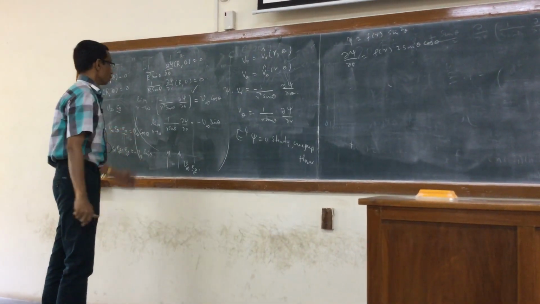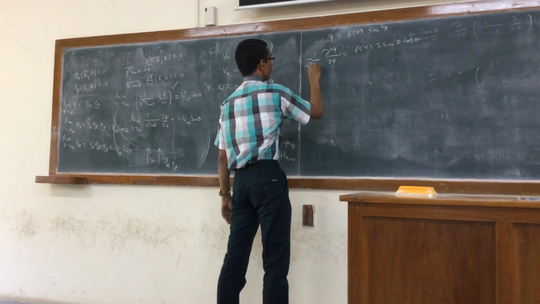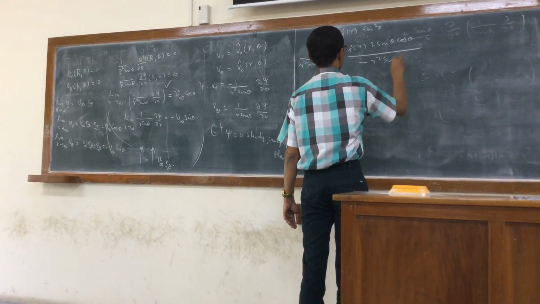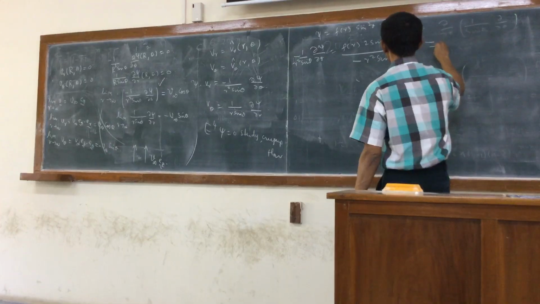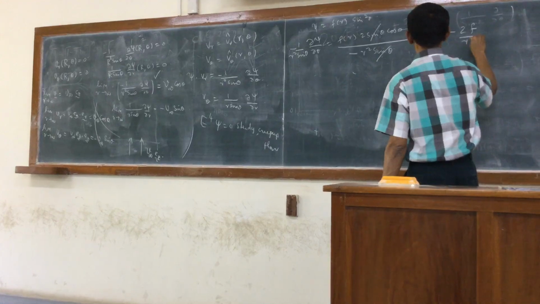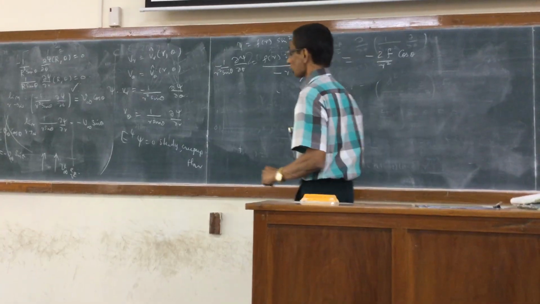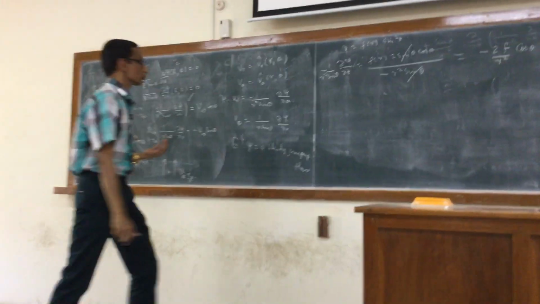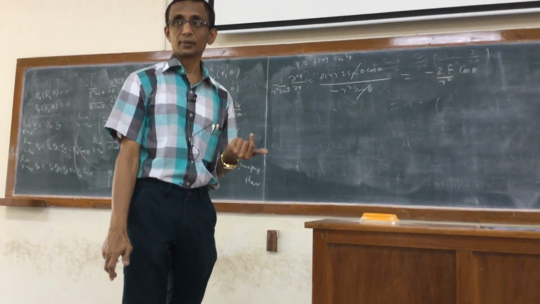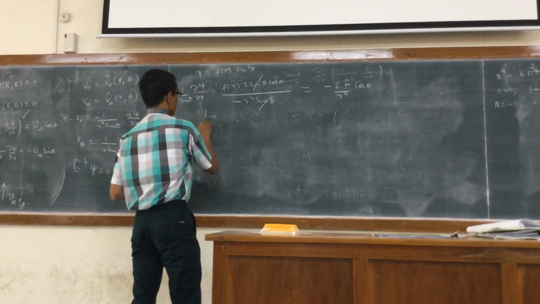Then multiplying by minus 1 over r squared sin theta, the sin theta will cancel, leaving minus 2 f by r squared times cos theta. This is what it is. Now I have to take the limit as r goes to infinity, equate it to V infinity cos theta and see what happens. What are the constants I can determine? So this is the limit as r goes to infinity.